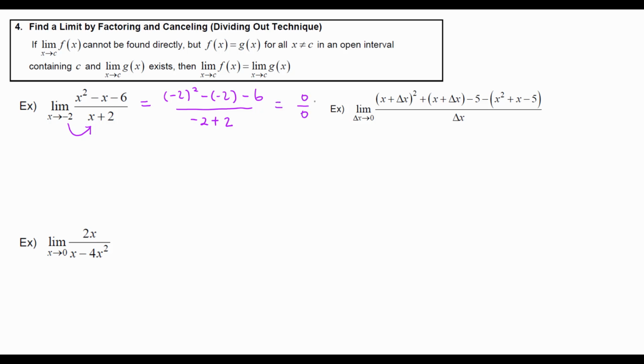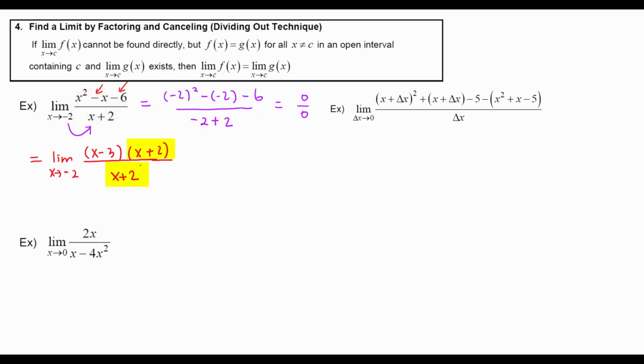From the algebra review, you know this function has a hole at x equals negative 2. If I factor the numerator, two numbers whose product is negative 6 and sum is negative 1 are negative 3 and positive 2. So this rational function factors like this.